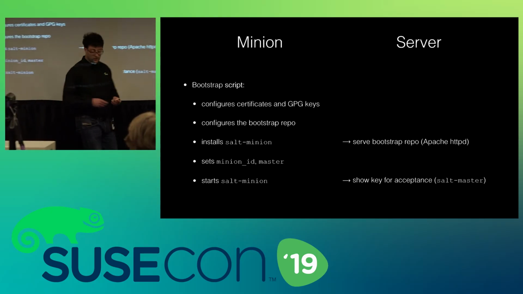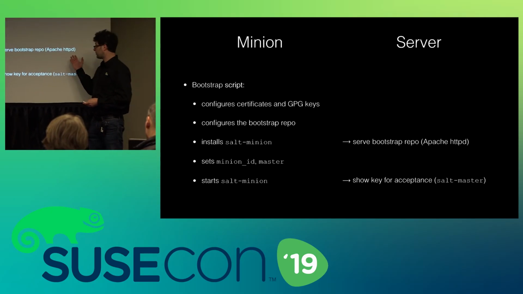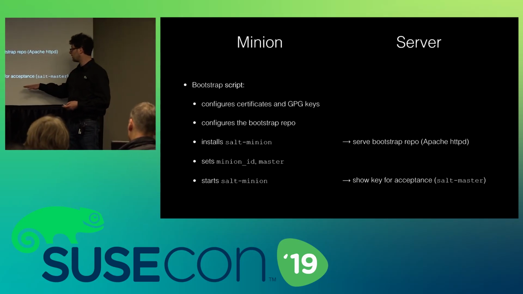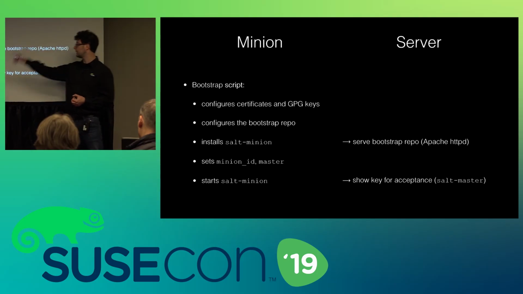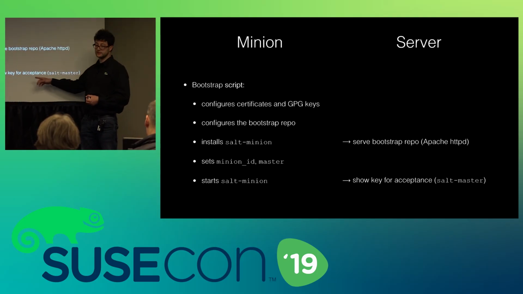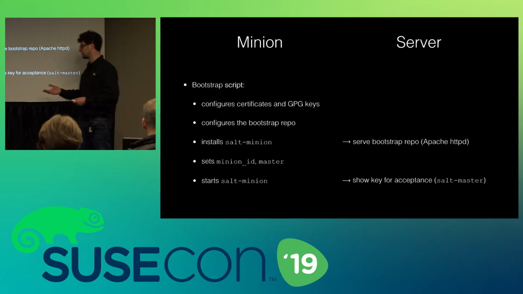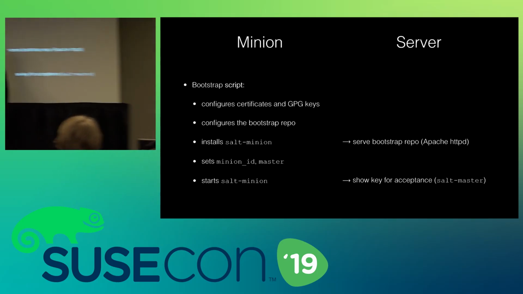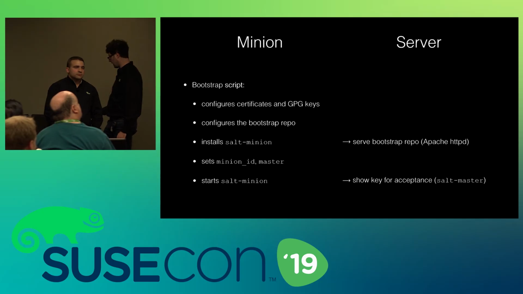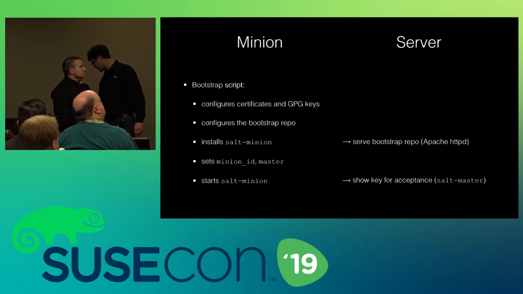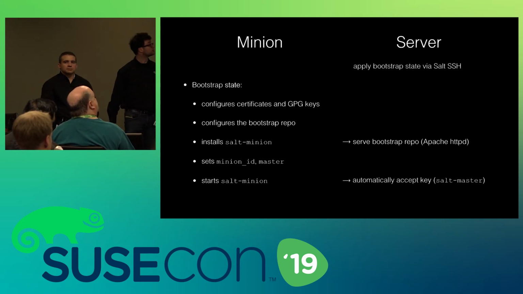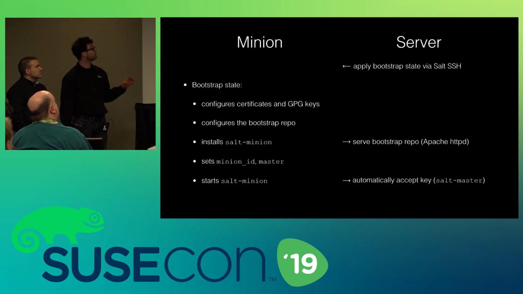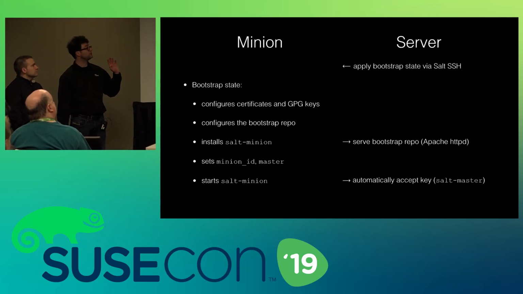Well, the bootstrap repo is served, and at the end of the process, when the salt minion is started, it will immediately contact the master, and then on the master, its key is displayed, and you have to accept it. If you accept it, everything continues, and the registration continues and finishes.